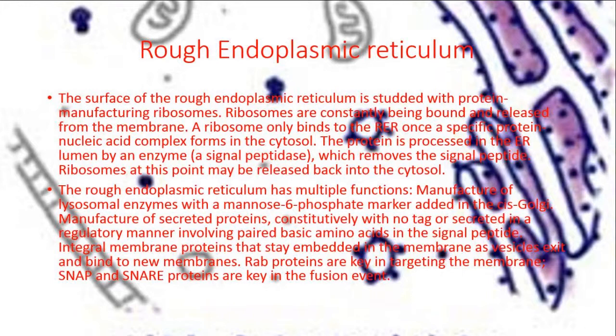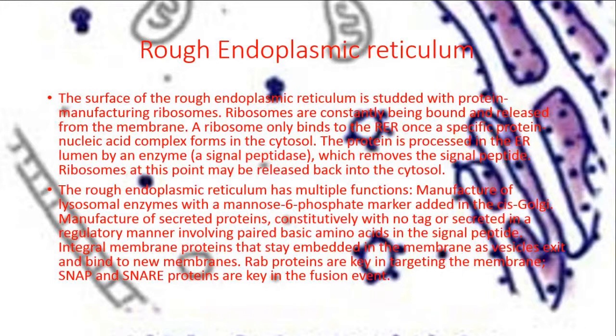A ribosome only binds to the RER once a specific protein-nucleic acid complex forms in the cytosol. This special complex forms when the free ribosome begins translating the mRNA of a protein destined for the secretory pathway.